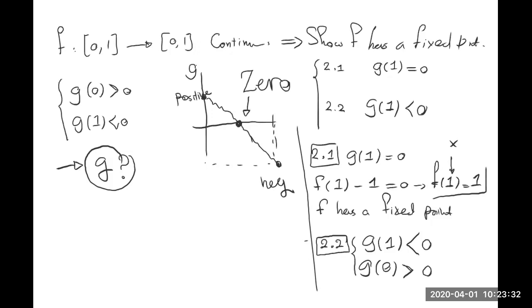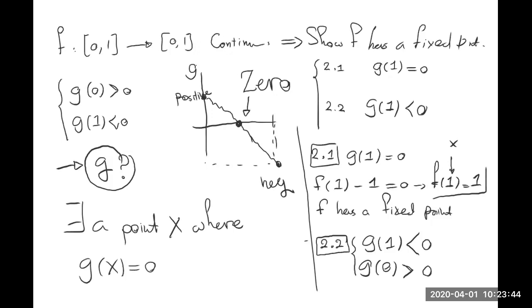So there exists a point x where the function g is 0. But let's remember the definition of g. We defined g to be f of x minus x. So f of x minus x is 0, which simply means f of x is equal to x.